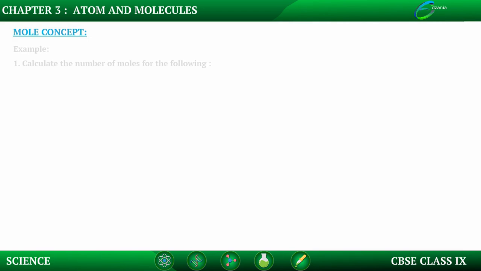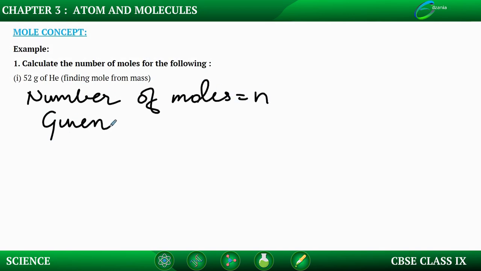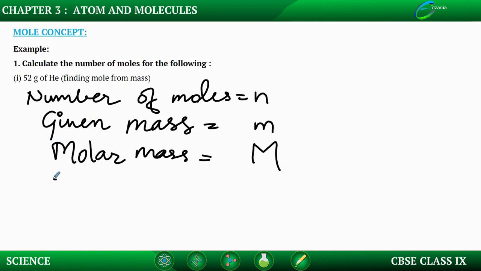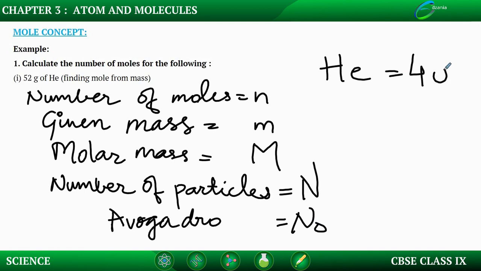Let us understand how to calculate the number of moles for 52 grams of helium. Number of moles is n, the given mass is small m, molar mass is capital M, the given number of particles is capital N, and Avogadro's number is N0. The atomic mass of He, that is helium, is 4 units, so in grams it is going to be 4 grams.